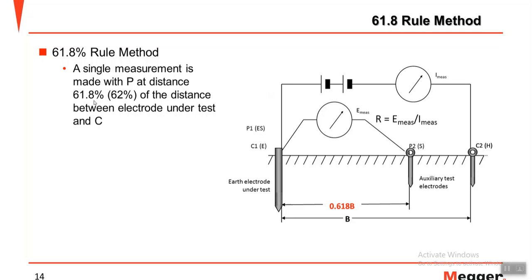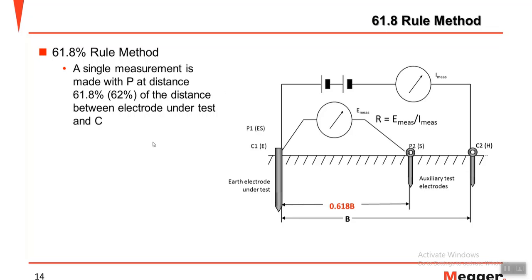I will not explain why we got this value. Actually, there is a calculation behind why this method exists on the market to define the ground resistance value. But still, you can find this method.